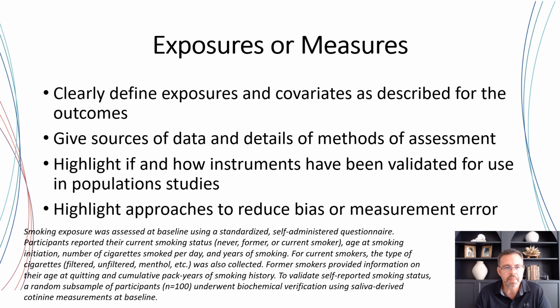And we want to highlight if and how instruments used in our study were validated in specific populations, right? So if we are using a validated instrument, we certainly want to mention that, and we want to be able to cite that instrument, right? So to cite the paper that did the validation for that instrument.